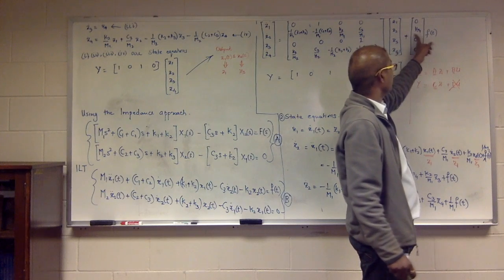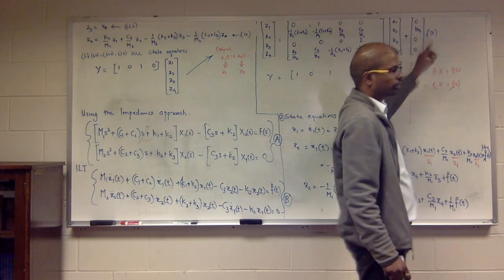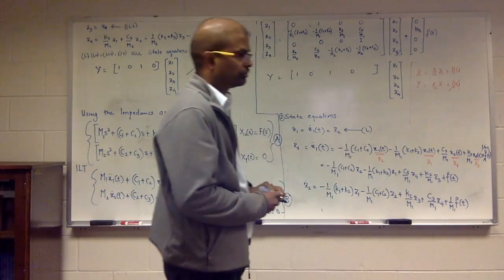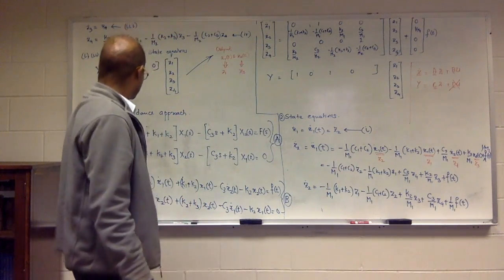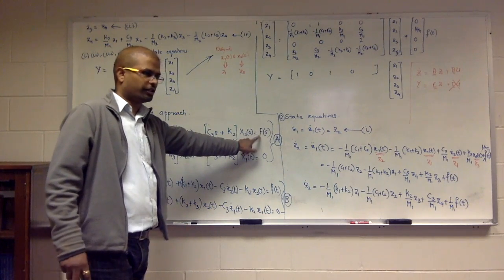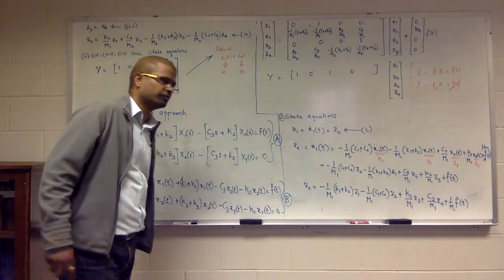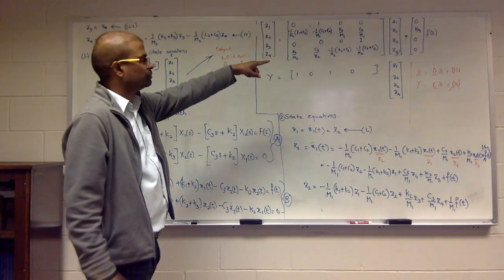This term will only add to equation 2. There is no f of t anywhere else, because f of t exists here only. So if you solve for it, you'll get that.